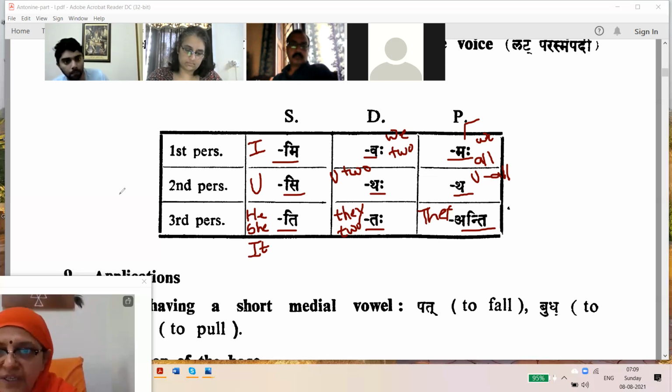In Sanskrit language, this mi, vaha, maha is called Uttama Purusha.